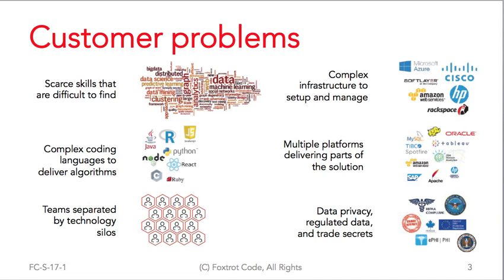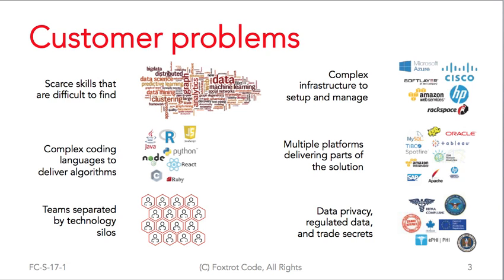Today, Foxtrot Code is doing the same thing that he was trying to solve for websites, but we're doing it for algorithms. So what we're trying to do here is push down this scarcity of resource problem, which is about skills, lowering the skills level barrier so that more people can participate.